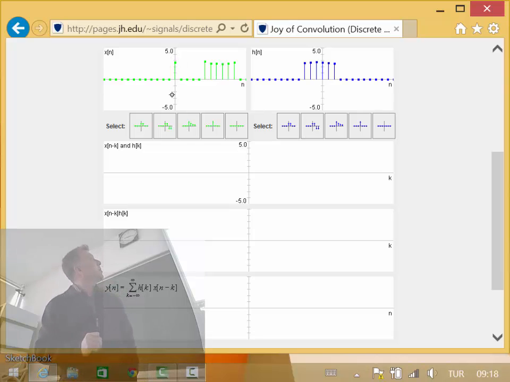Okay, I put the impulse here. That's what I'm talking about, right? We know how it behaves if you convolve two equal sized rectangles. It will give you a triangle. So we know the result of the convolution of this portion and this portion. We know the convolution results.